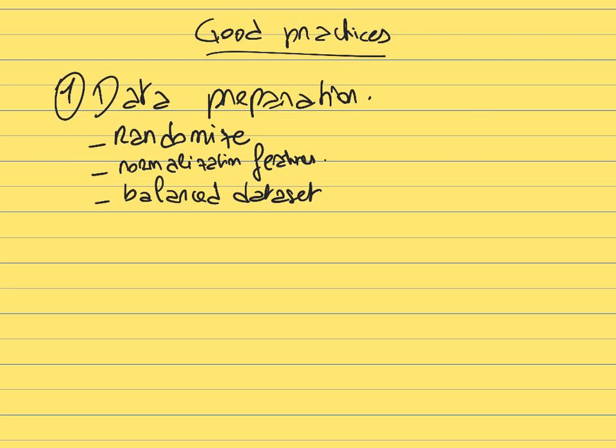If you have 10,000 pictures of people that are happy and only one or two people who are sad, then your machine learning model will necessarily think that everybody is happy and will not manage to learn what are the characteristics of a person that is actually sad.